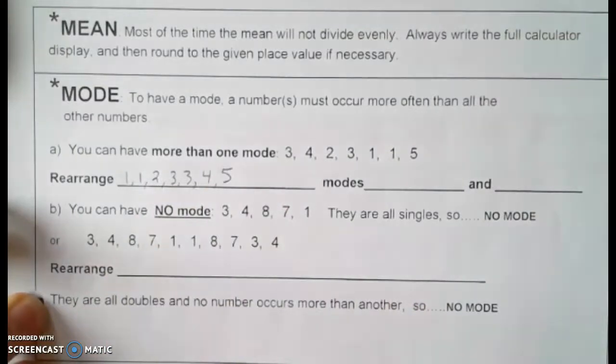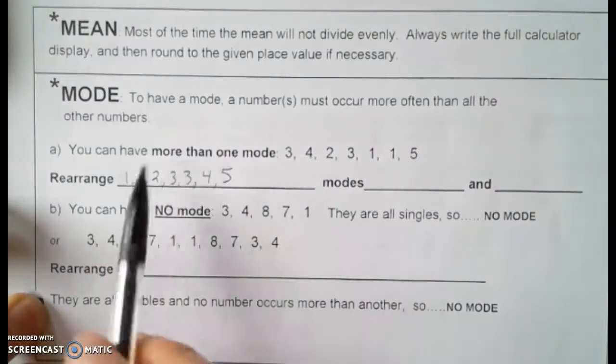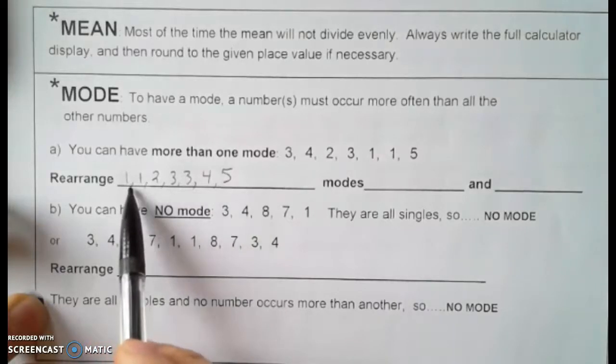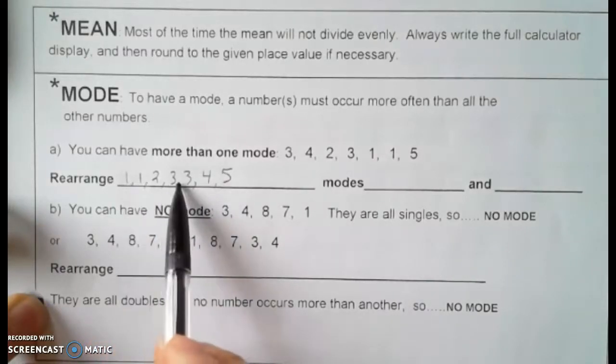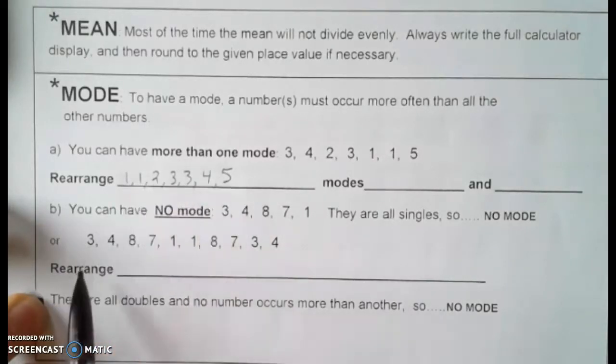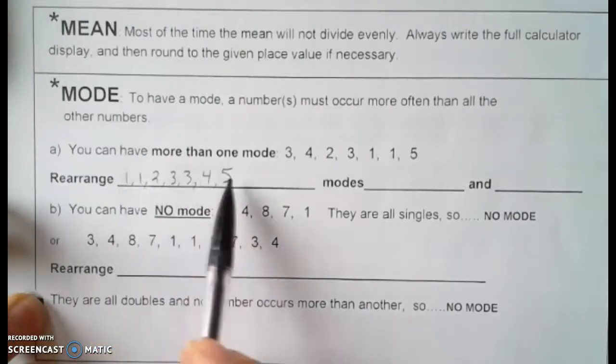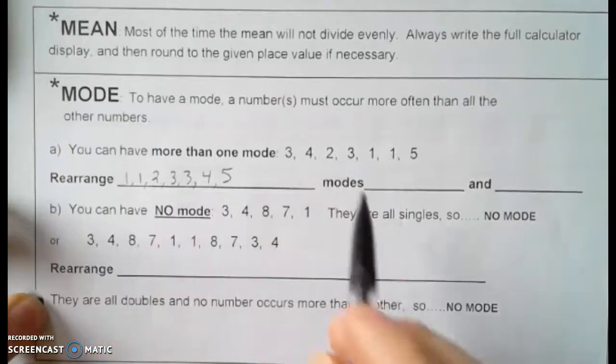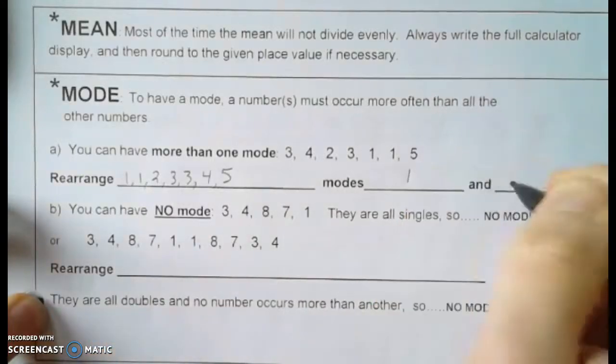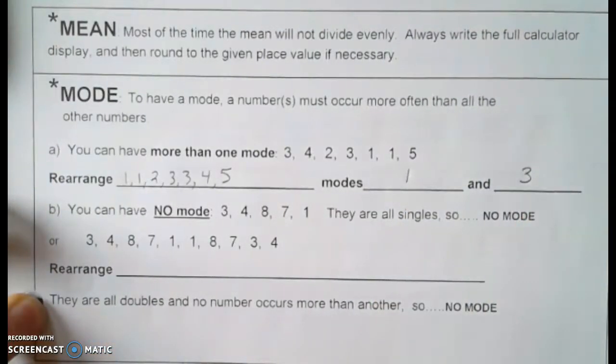Now I'm looking through my list and I see that there's two 1s and two 3s, but 2, 4, and 5 only show up once. Since 1 and 3 show up more often than the rest and they show up the same amount of time, I'm going to have both of them as my mode. 1 and 3 are going to be the modes.